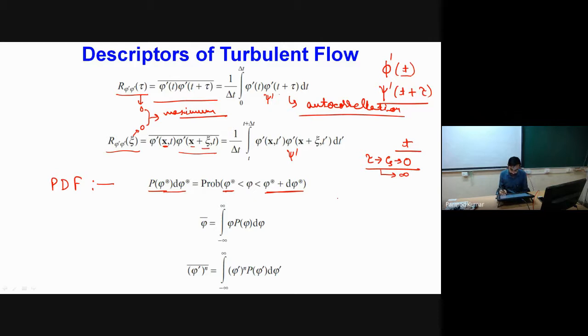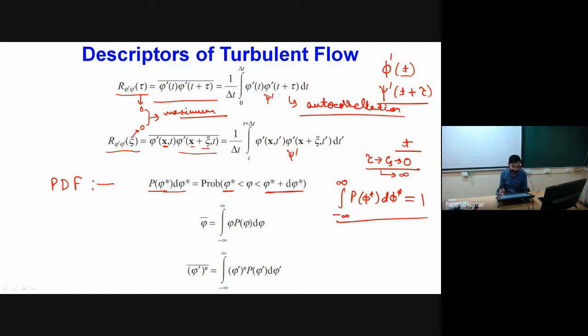Obviously, if we integrate from minus infinity to plus infinity P of phi star d phi star, it will become equal to 1, because any parameter phi star between minus infinity and infinity will be entirely occupied. So the probability of occurrence in that zone is equal to 1.